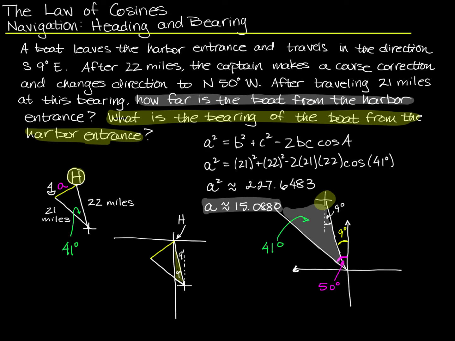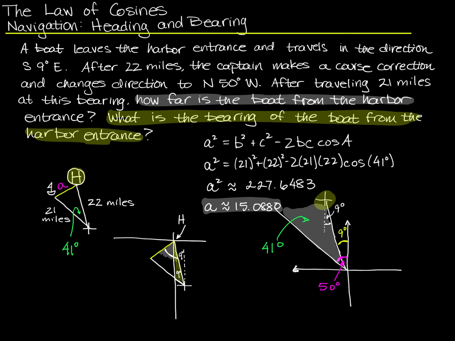I want to find the angle formed by these two line segments right here. And I have the law of cosines and the law of sines now, so I'm looking for this angle right here, and the total angle is going to be, let me use a different color highlighter, this white angle plus this yellow 9-degree angle is the total angle formed by those two line segments.